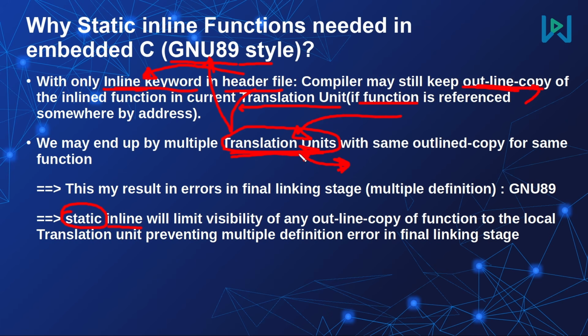And hence, during the final linking, even if we have multiple versions of this inline function body within each of those translation units, each of those has local visibility, and hence the final linking stage will not throw a multiple definition error, simply because it doesn't see any of those outlined copies of the same function. The visibility is limited to the actual translation unit and is not external.